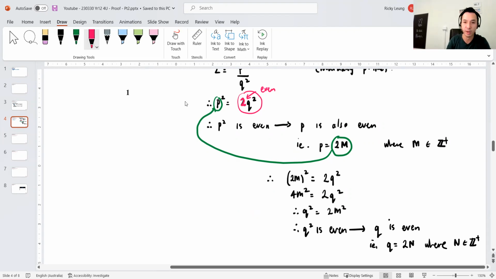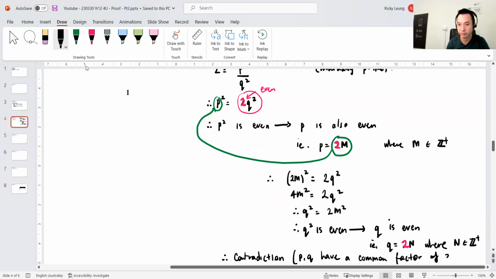And the moment you realize this, guys, there's a 2 there, 2 there. They share a common factor, so therefore, contradiction. P and Q have a common factor of 2.